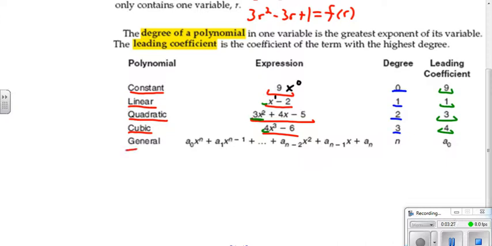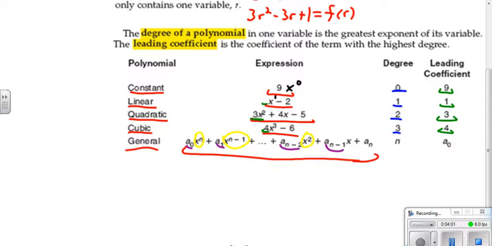So in general, our general form is if we have all of these different terms, all of these a sub 0, a sub 1, a sub n minus 2, a sub n minus 1, those are all the coefficients that come in front of x, and then those are being multiplied by different powers of x: x to the n, x to the n minus 1, x to the 2, and so on. Or, I guess actually that would be x to the 0th times a sub 0.